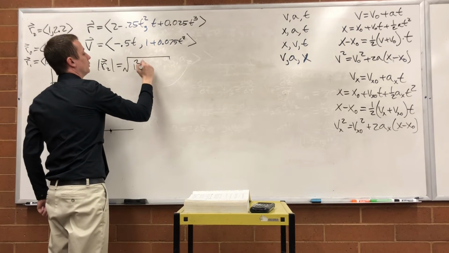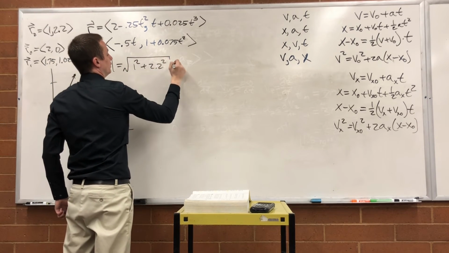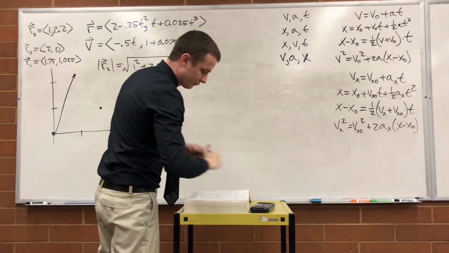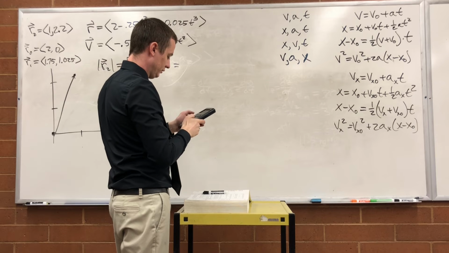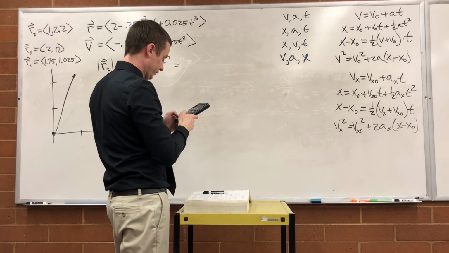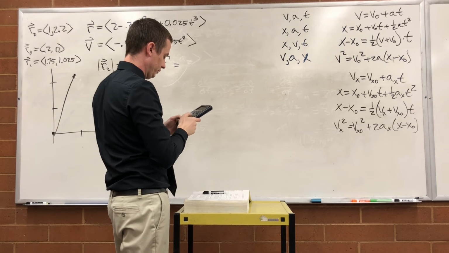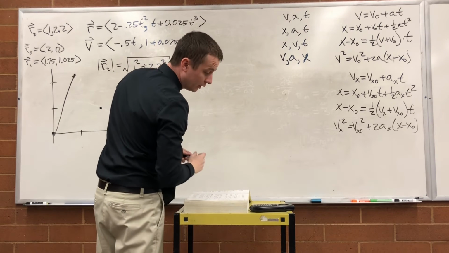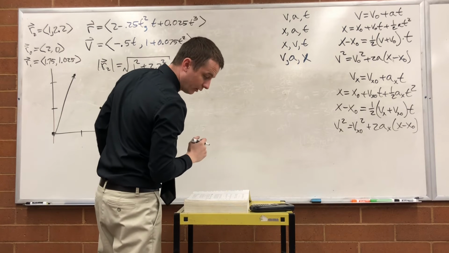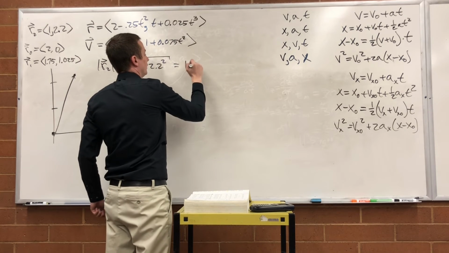Of 1 squared plus 2.2 squared, which is equal to the square root of 1 plus 2.2 squared, which is equal to, I can't remember how many significant figures we had, so for now I'll just write 1.45.